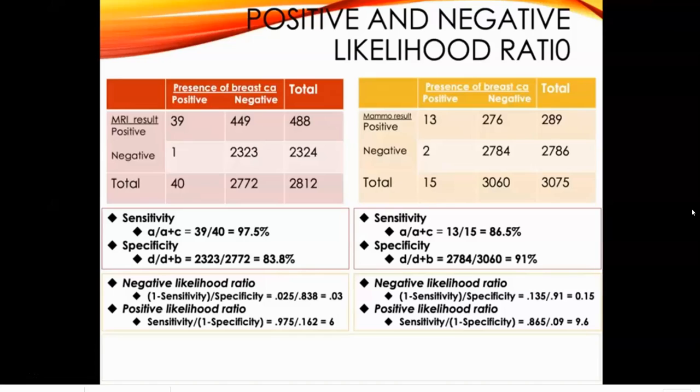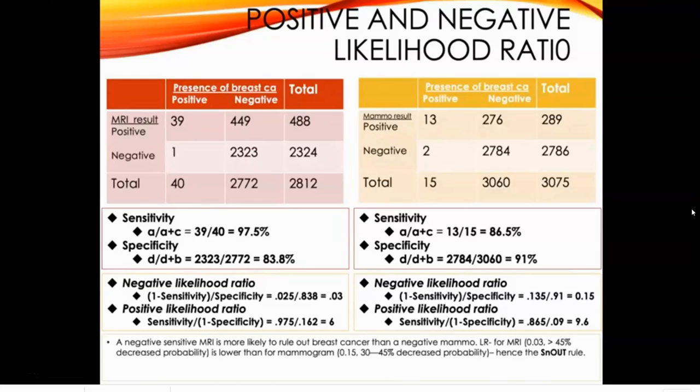So now let's look at positive and negative likelihood ratios and how they demonstrate SPIN and SNOUT. An MRI is more sensitive than mammogram. A negative MRI is more likely to rule out breast cancer than a negative mammogram. We can see this because the negative likelihood ratio for MRI is 0.03, which corresponds to a 45% decreased probability of having breast cancer.